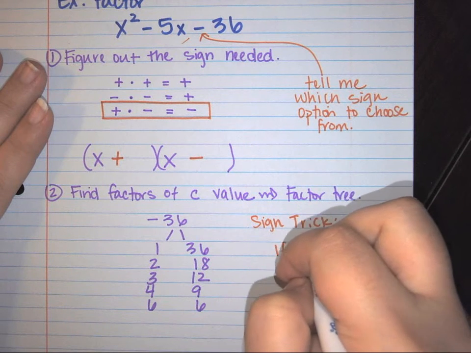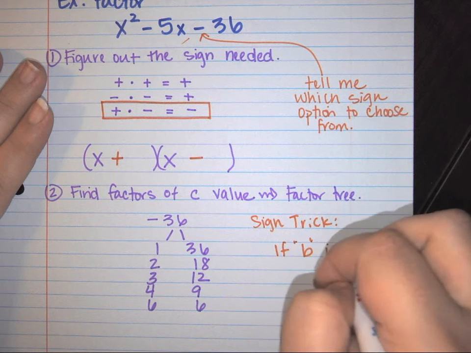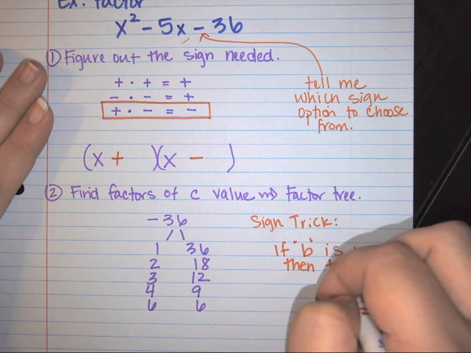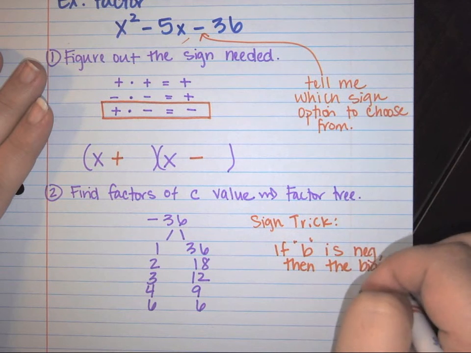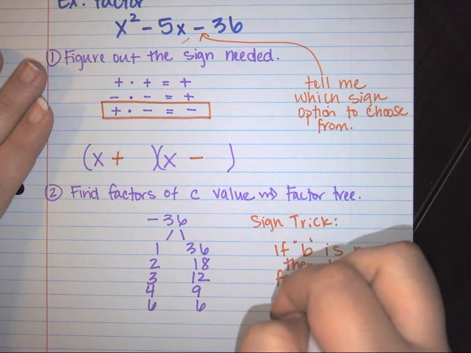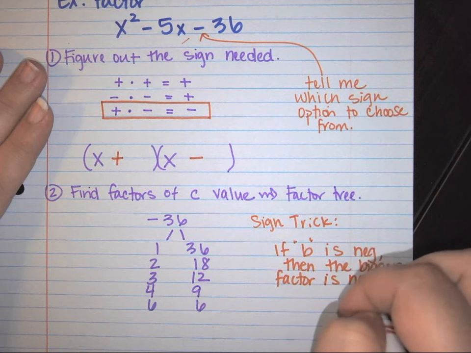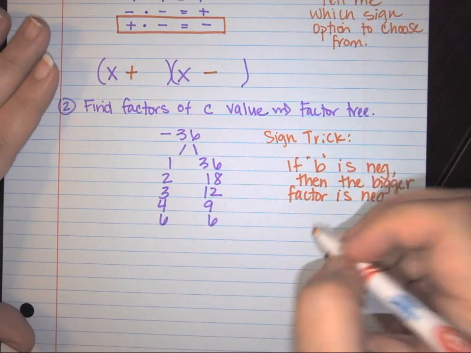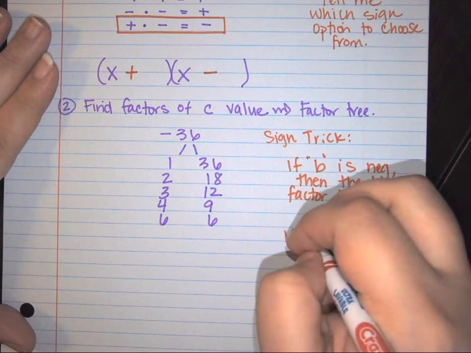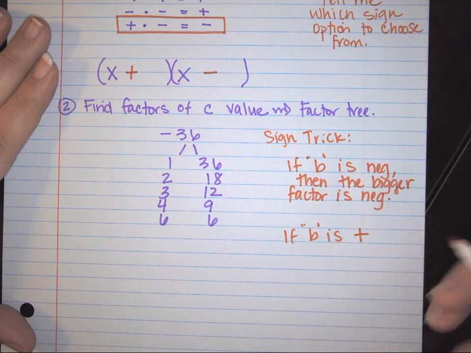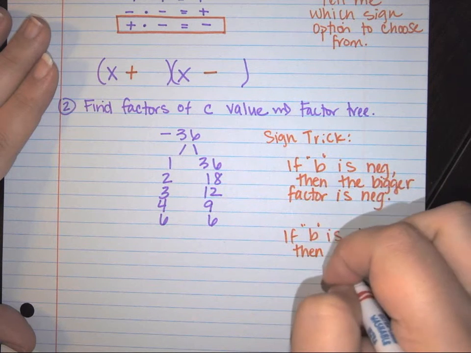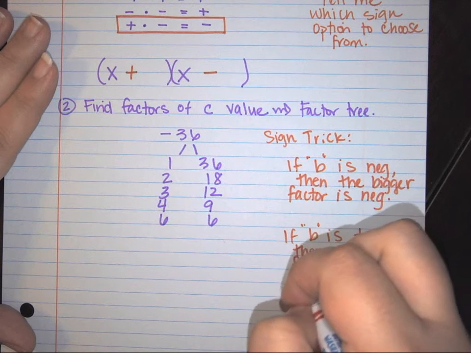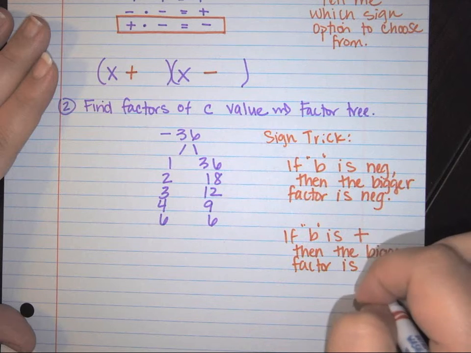If b is negative, then the bigger factor is negative. However, if b is positive, then the bigger factor is positive.